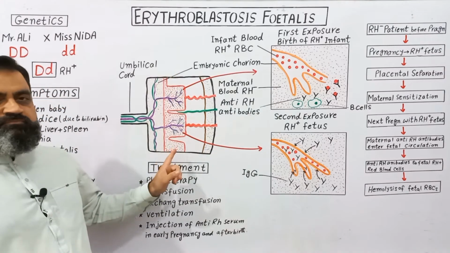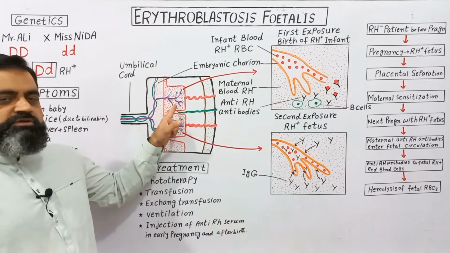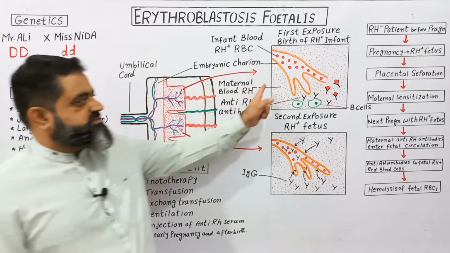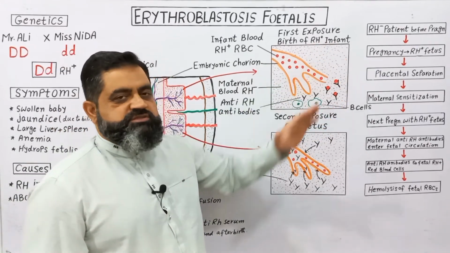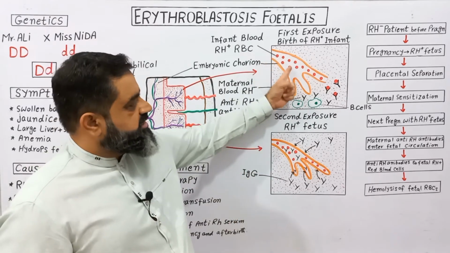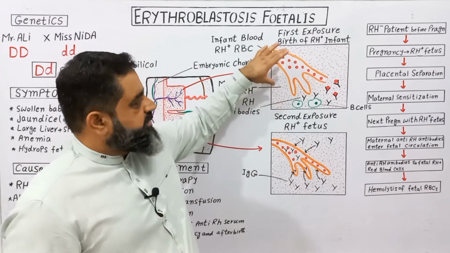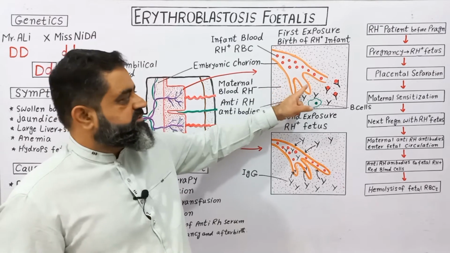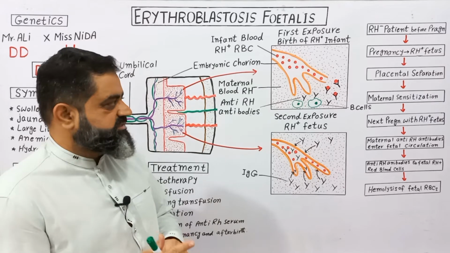The placenta detaches because the baby has to be born, and the blood capillaries of the fetus are broken down. In this diagram, the red portion is the mother's blood present in the placenta, while this area is the fetal capillaries, which penetrate into this blood for gaseous exchange. During birth, these capillaries rupture.